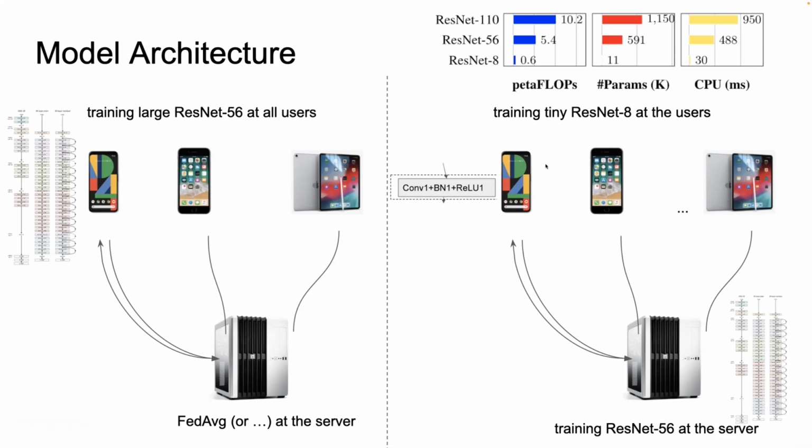FedGKT, you have a very tiny model at the edge. As you can see, as you go from ResNet 110 to ResNet 8, you get significant saving on the amount of flops you need, on the number of parameters. Like you get about 2 orders of magnitude saving on compute, memory, as well as resources that you would need. So huge saving. The question is, what is the drawback?